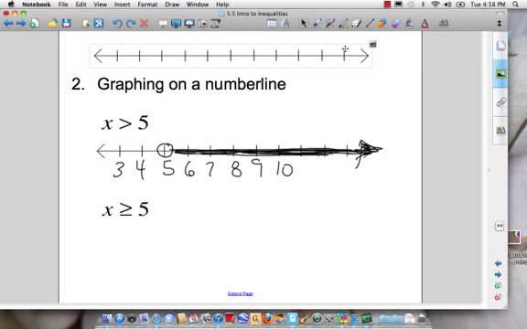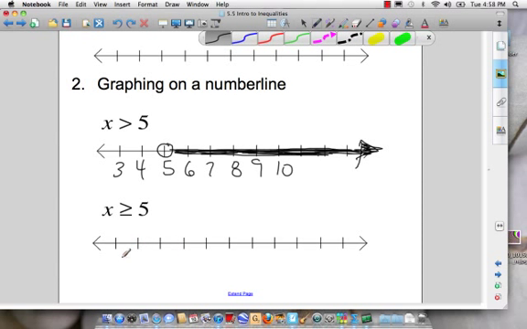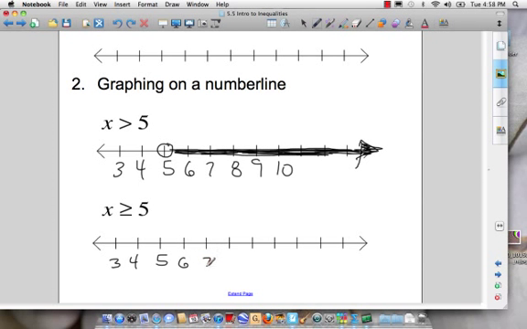Now, if instead you want to do x is greater than or equal to 5, let's think about how that's different. In this example, I'll put 3, 4, 5, 6, 7, 8, 9, 10, and so on. I'm still going to start at 5 and shade in everything greater than 5. But there's one thing I need to do differently.